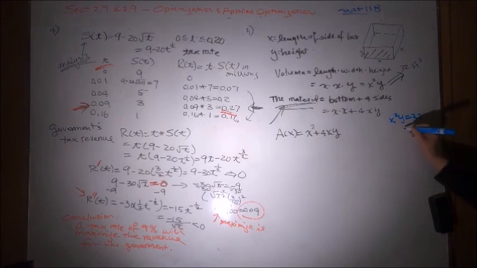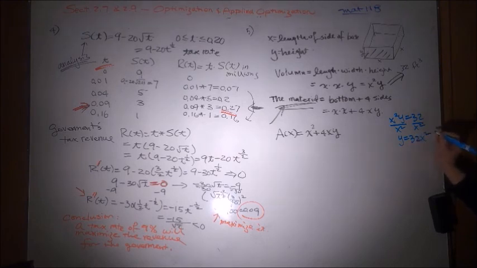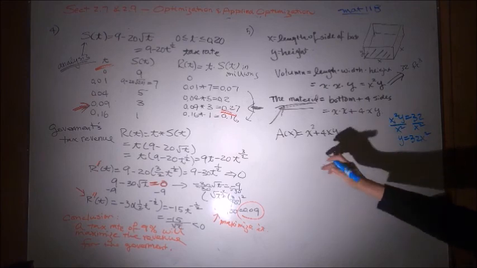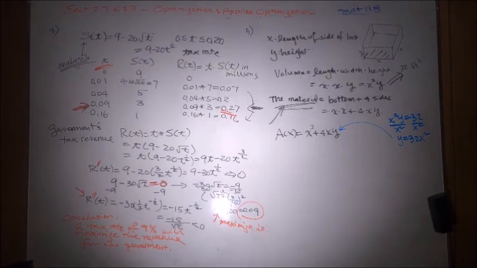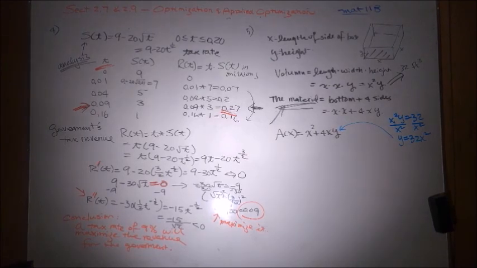So what is your y? You can divide it by x squared. So y is 32 over x squared. Is that right? Okay, then we plug back in here, replacing y with your x, right? Then we can make it just one variable.